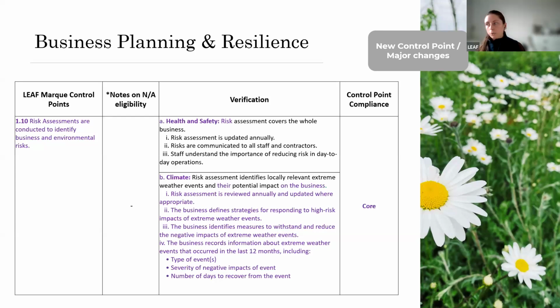In version 16.1, this control point used the terminology climate resilience, which can be a bit confusing to really understand what that means. It's a bit broad and can be interpreted in different ways. So we've tried to be more specific and ensure that this control point is really focused on identifying extreme weather events and their potential impact on the business.